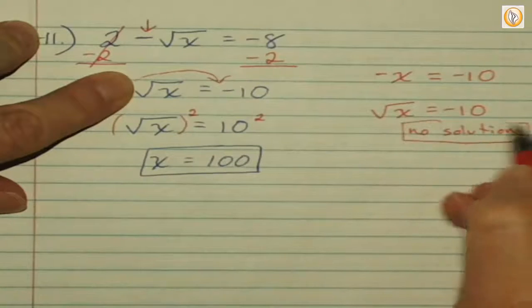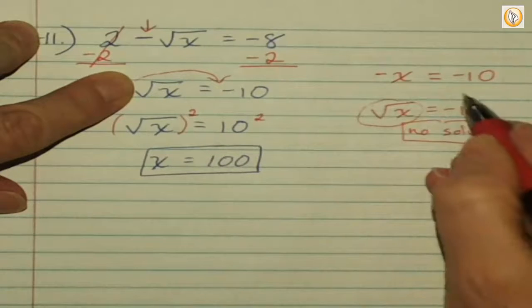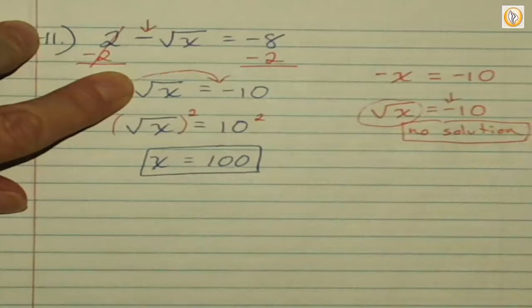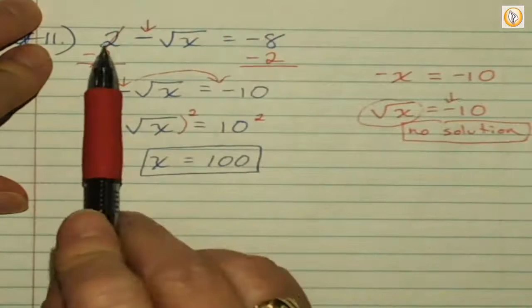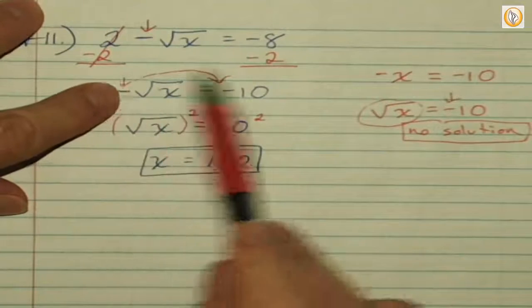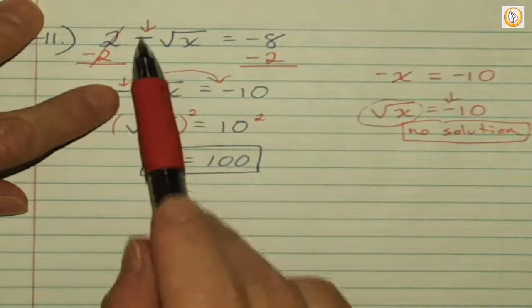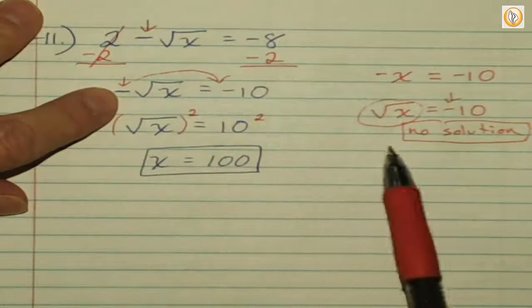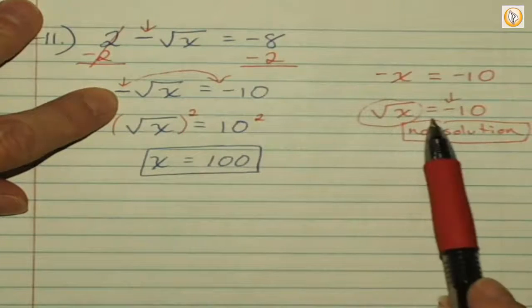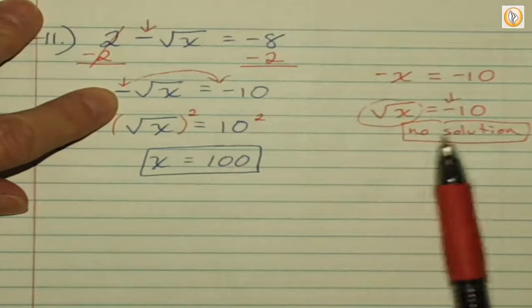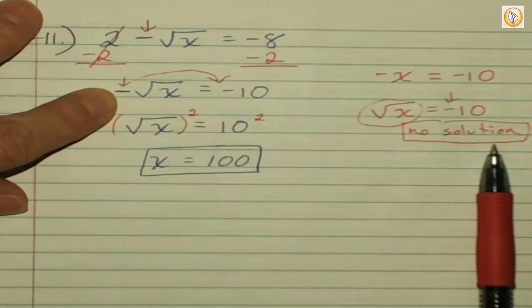This would be a no solution because you can't have the radical on one side and a negative on the other. First you isolate the radical, move the 2 over, and let's pretend this was plus. If we move the 2 over and this is what we were left with, then that tells us it's a no solution.